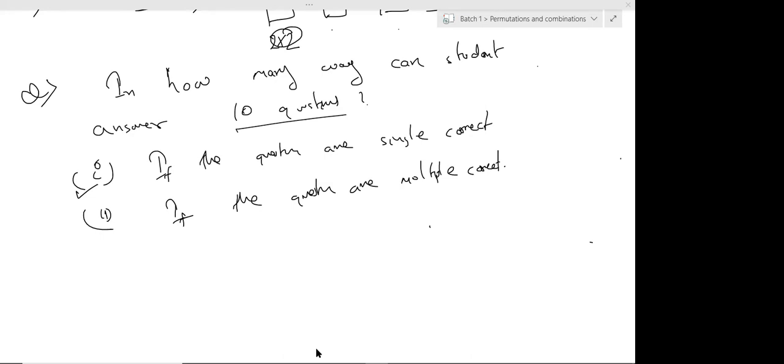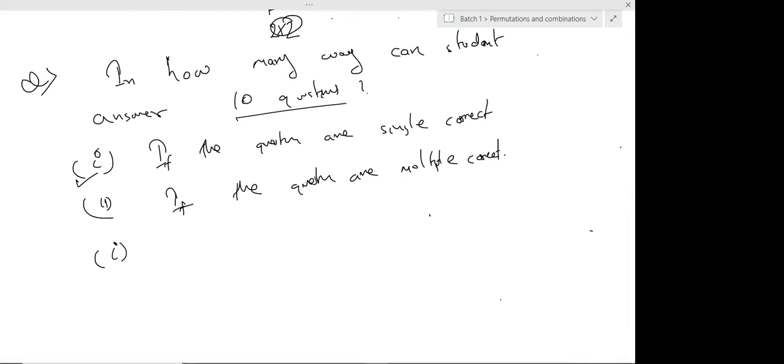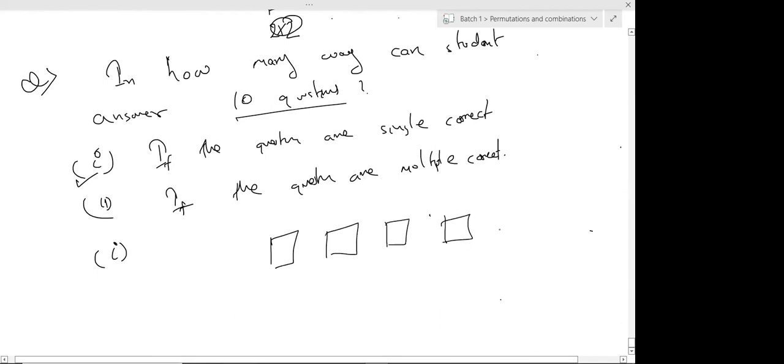Okay, Shavya, can you tell me how you solve this first part? Yes, single correct. So in the first question, you have four options. How many ways can you solve one question? Right. But see, there is a difference, right?